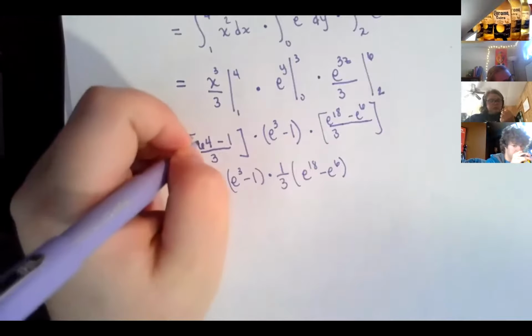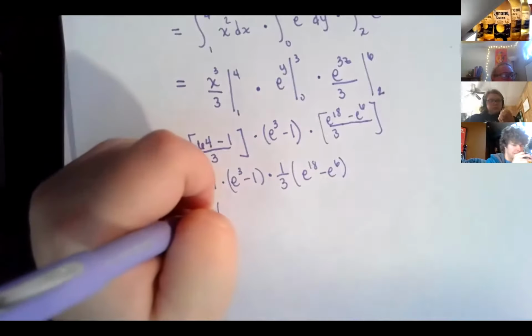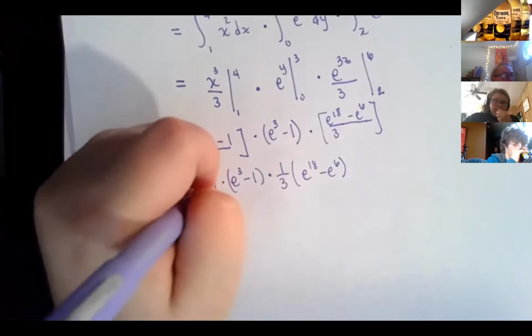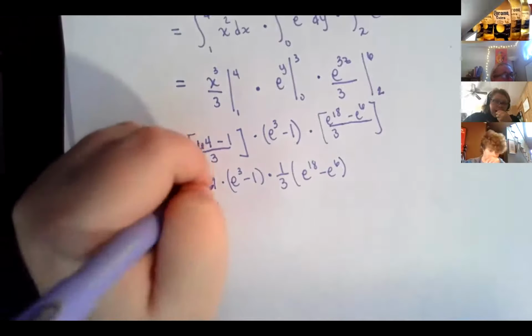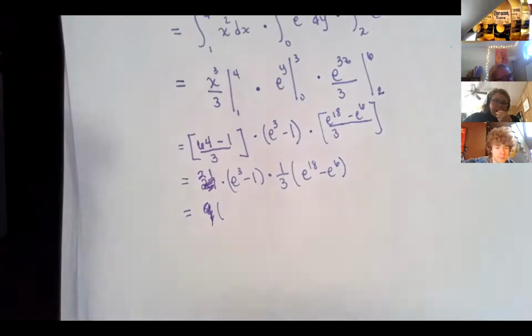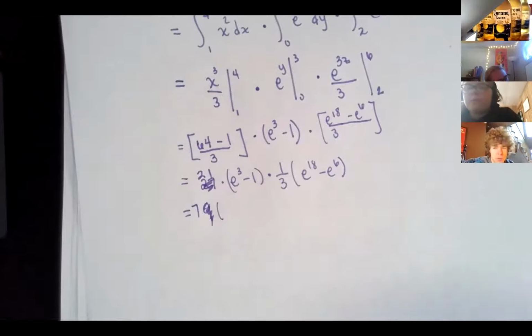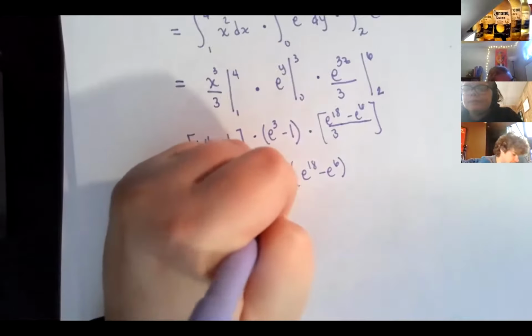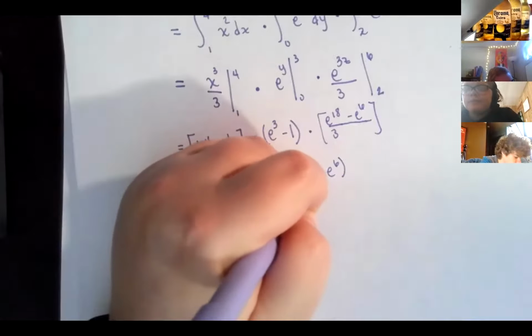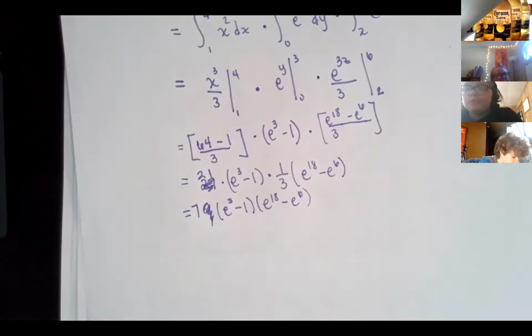Wait, that's not right. What's 63 divided by 3? 21. There we go. That should be a 7. I was wondering where you're getting that 7 from. There we go. Yeah, so we got the same thing.